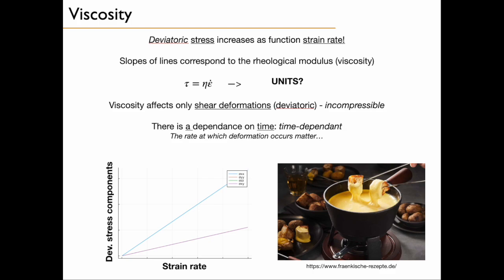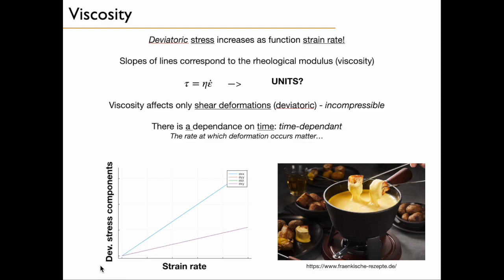In viscosity, in viscous materials, we relate the deviatoric stress as a function of the strain rate, not as a function of the strain. So now we have a different type of diagram. Here we have the stress, or the deviatoric stress.